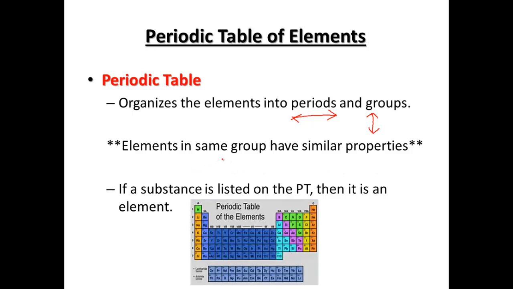Elements in the same group have similar chemical properties. So anybody in the first group, or the second, third, fourth, all the way across to groups 17 and 18, has similar chemical properties as the arrangement of our periodic table. If the substance is listed on the periodic table, then it is an element.